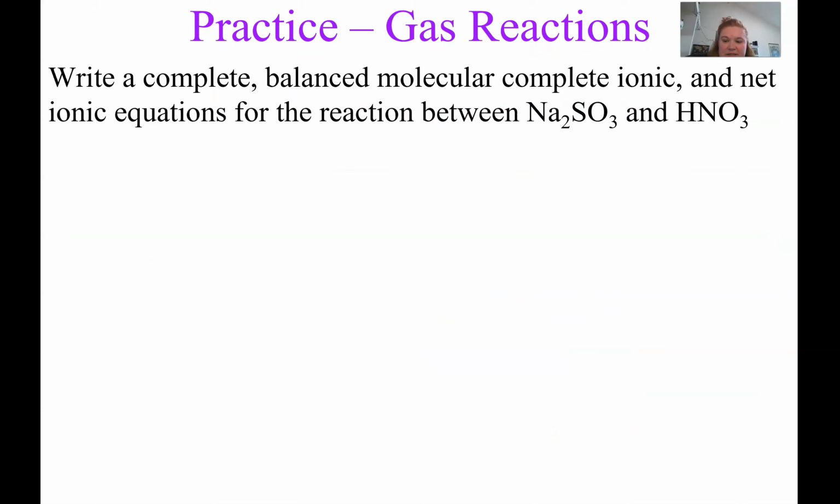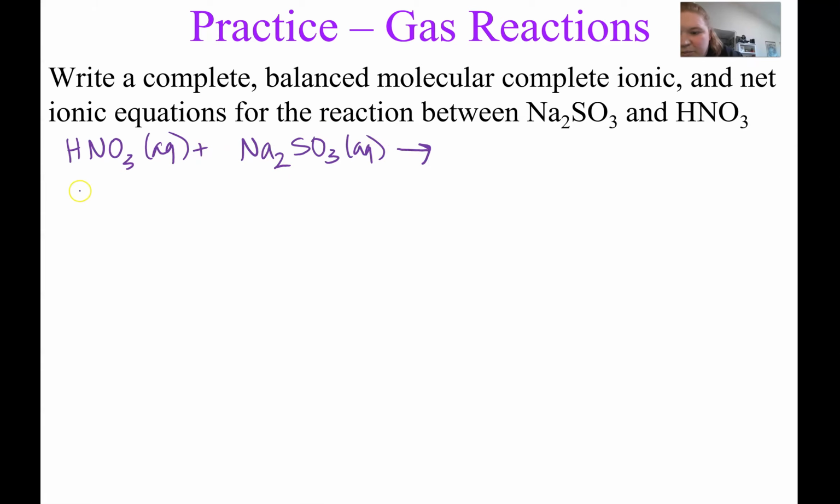So here's our practice. We're going to write a complete, balanced, molecular, complete ionic, and net ionic equation for the reaction between Na2SO3 and HNO3. So HNO3, Na2SO3. So I break them apart.